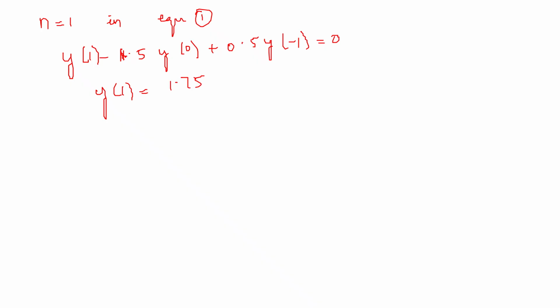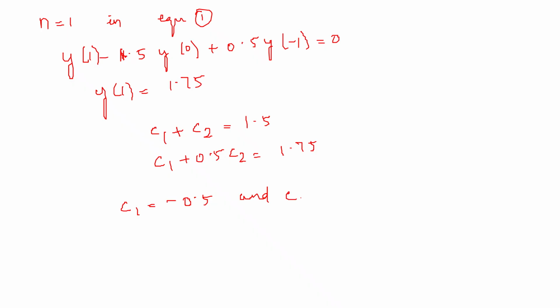So I will consider the two equations using the arbitrary constants: c1 plus c2 is equal to y of 0, which is 1.5, and c1 plus 0.5 c2 is equal to 1.75, which is y of 1. By solving these two equations, I will get c1 is equal to 2 and c2 is equal to minus 0.5.